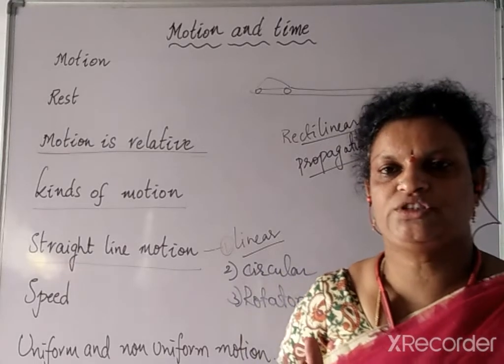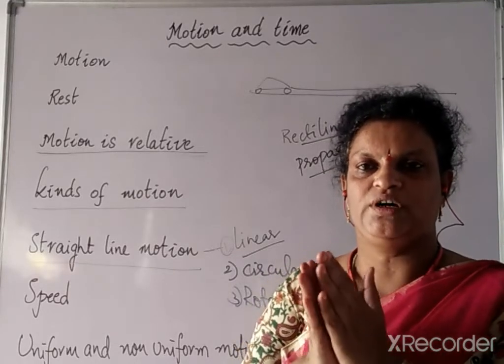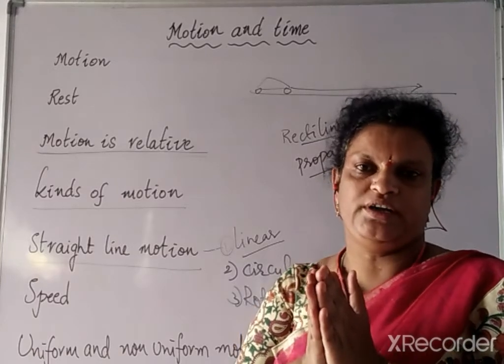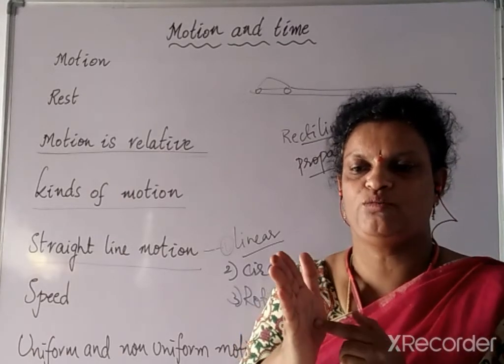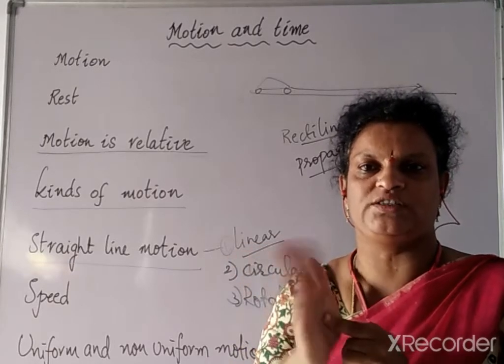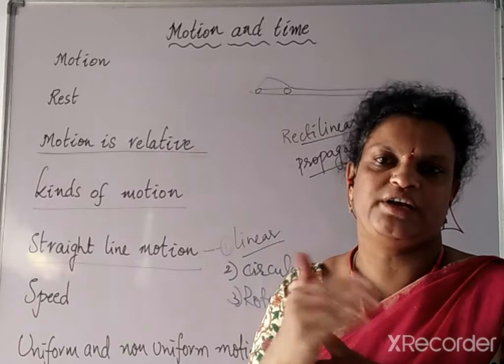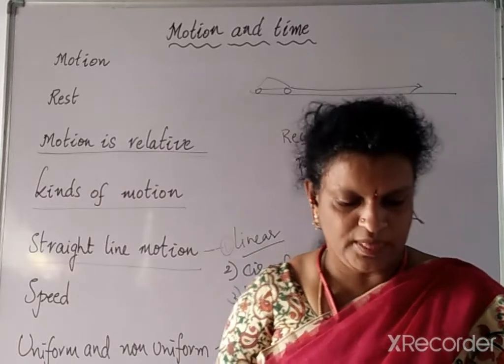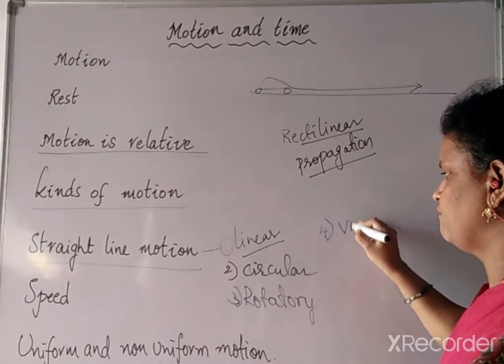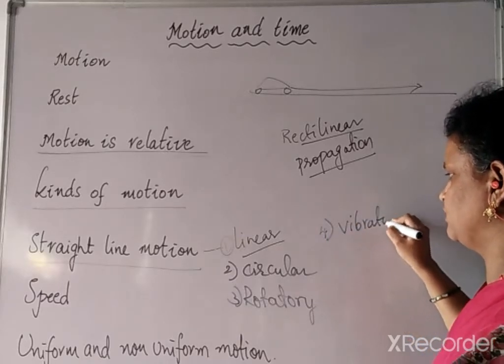In vibratory motion, if you observe, there is one particular point as a reference. From that reference point, it moves to and fro, and that too very fast. So that can be called vibratory motion. The fourth one, you can write here as vibratory motion.